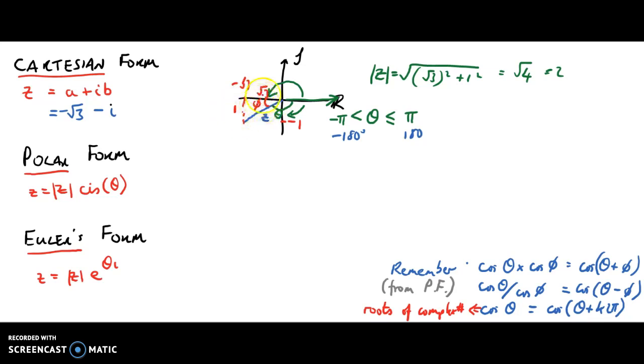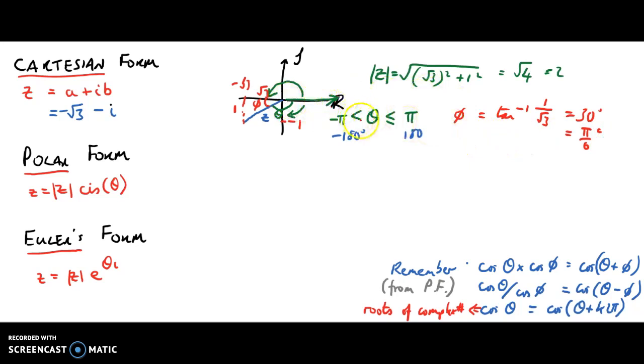So this angle, well, we can use tan for that, and therefore that angle of the triangle would be inverse tan of 1 over its adjacent, which is root 3, and that will give us 30 degrees, and we should know that that's a sixth of pi in radians.